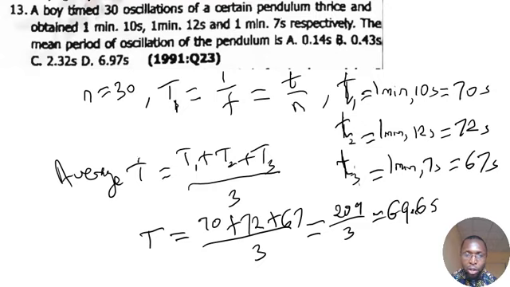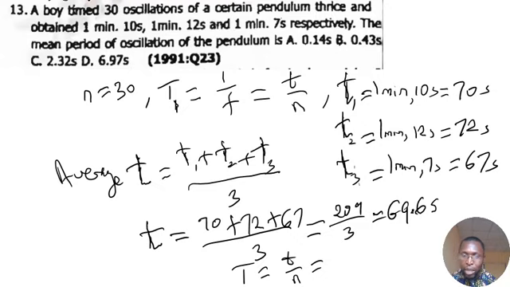So this is our mean time, and this is also t1, t2, and t3. So take note of that. Now to get our period itself, it will be T over N. So don't forget, our period formula is T over N.